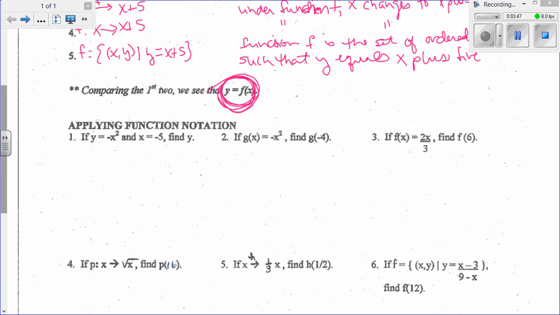So applying function notation. If y equals negative x squared and x equals negative 5, find y. Well, y is equal to negative, substituting 5 for x, and I end up with a negative, and then the negative 5 squared is 25, so negative 25.